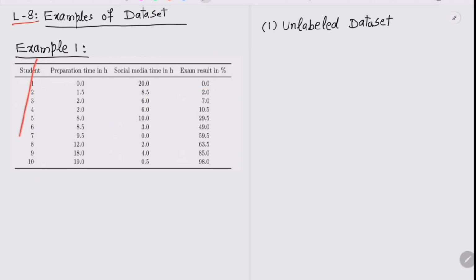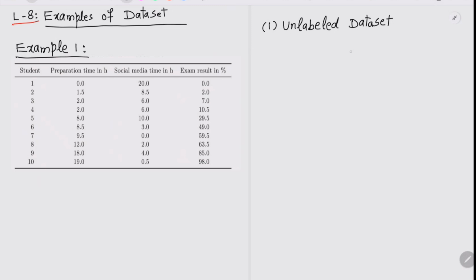So we must exclude the first column. The next three columns can be included in the unlabeled data set.